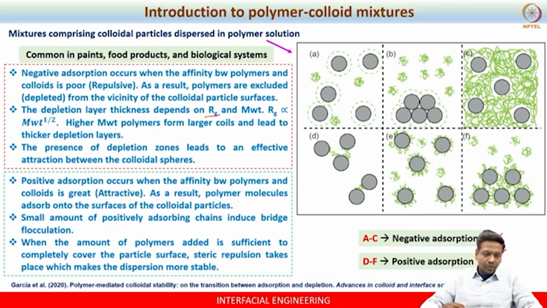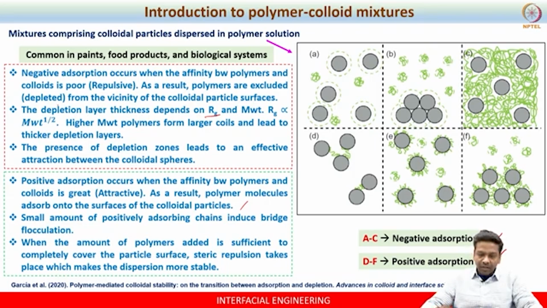So what are the consequences? Let's say you have three cases. One is where the affinity is good, but the polymer concentration is low. In such a scenario, they cover the particle surface partially, not completely, and they will lead to bridging between the adjacent neighboring particles.